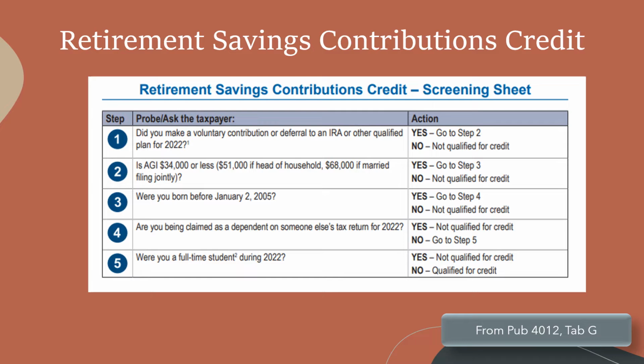And it's really important with this credit because TaxSlayer will calculate the amounts if we enter information from the W-2 correctly, but we also need to remember that people can be making contributions to an individual retirement account, and if they have done so, we need to make sure to enter that so that TaxSlayer can do the heavy lifting for us.